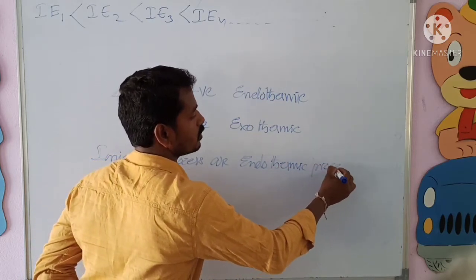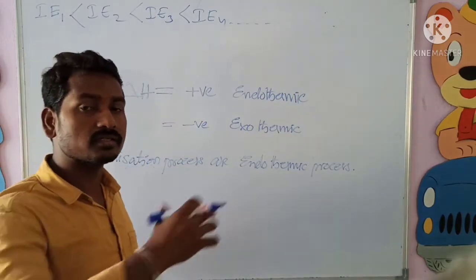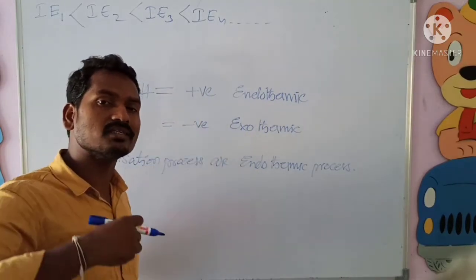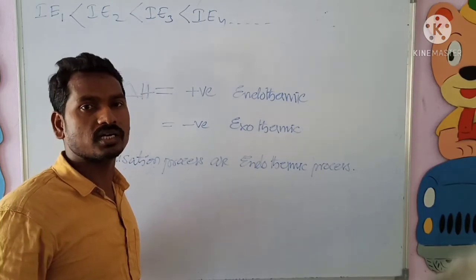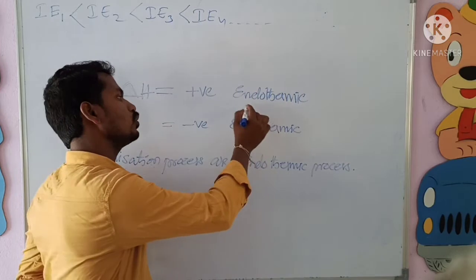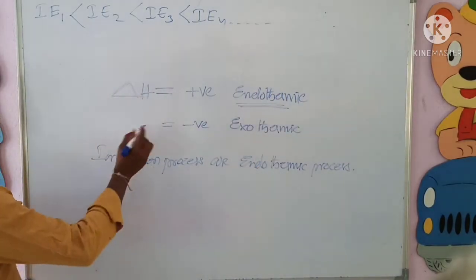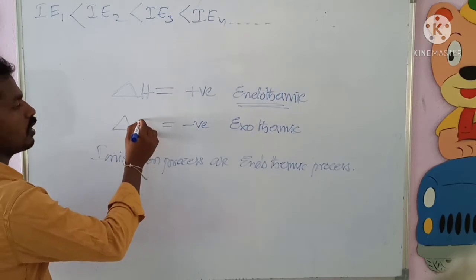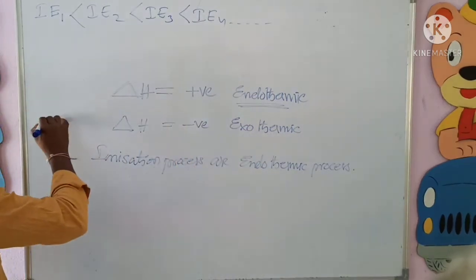Removing an electron requires a certain amount of energy. The energy required concept is nothing but endothermic. Delta H positive or delta H negative are both present in some chemical reactions.